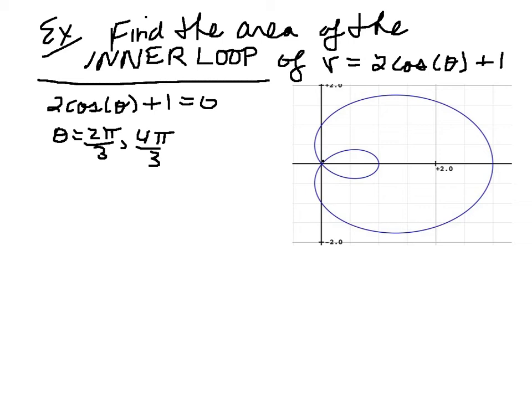So that loop starts to get drawn as we move along here. It starts to get drawn at 2 pi over 3 and it finishes being drawn at 4 pi over 3.